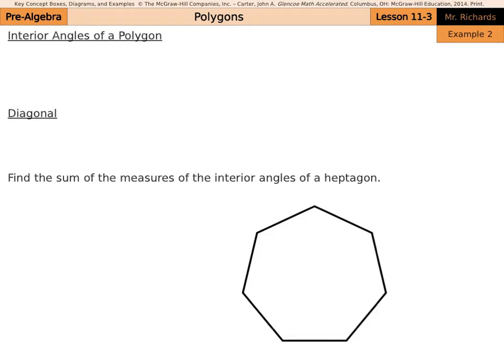One of our key concepts today involves the interior angles of a polygon.